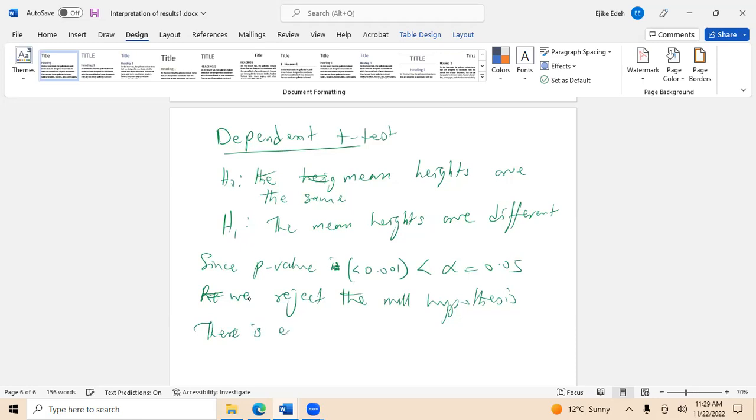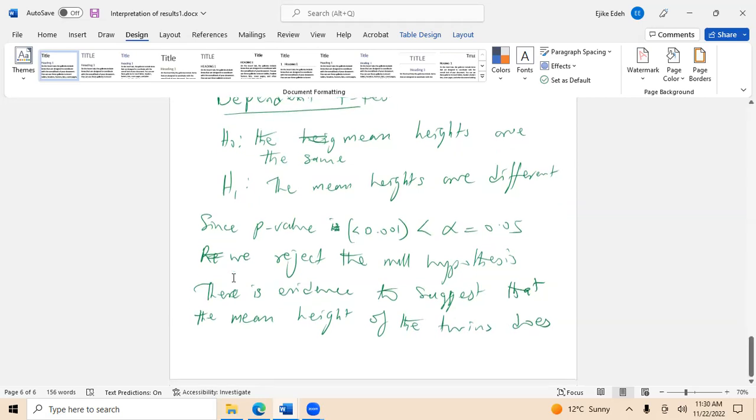There is evidence to suggest that the mean heights of the twins differs.